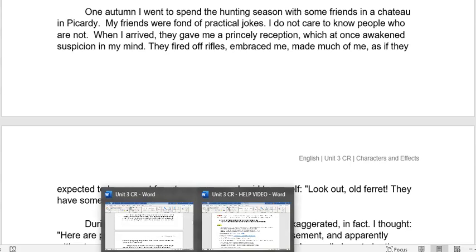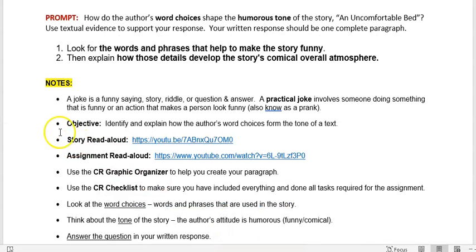So let's take a look at our notes. Our objective for the prompt: how do the author's word choices shape the humorous tone of the story An Uncomfortable Bed? Use textual evidence to support your response. Your written response should be one complete paragraph. So we want to do two things. We want to look for the words and phrases that help to make the story funny.